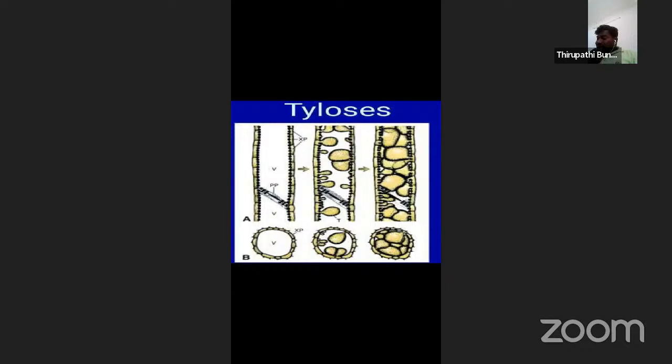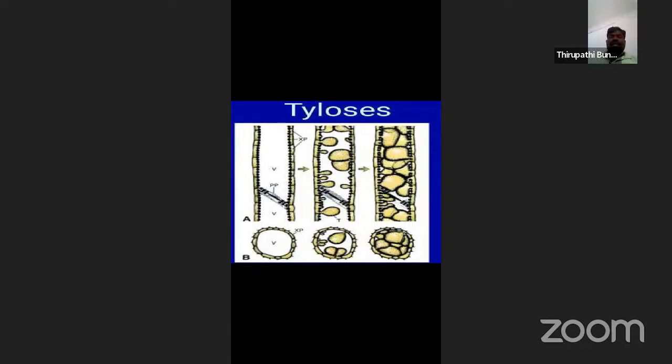Tylosis are abundantly seen in the wood of Celtis, Robinia, Juglans, etc. These plants show an abundance of tylosis in vessels.